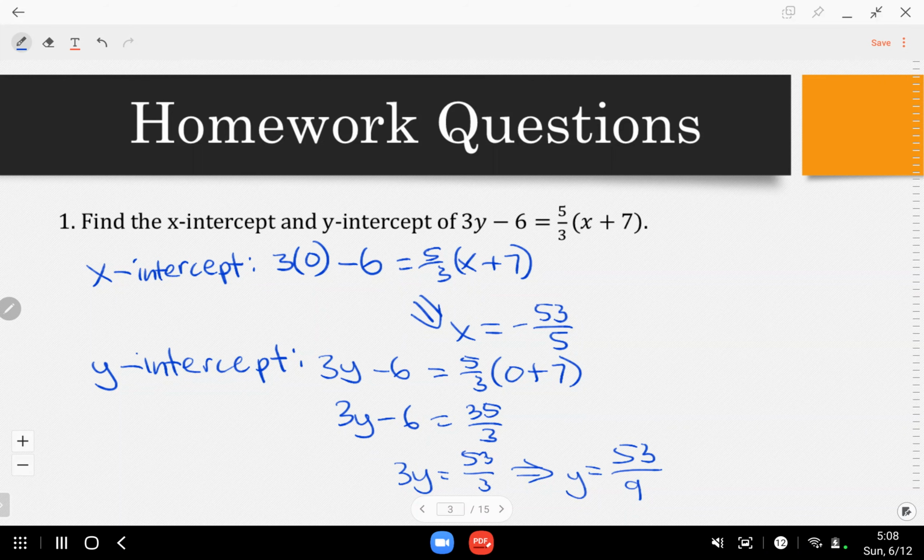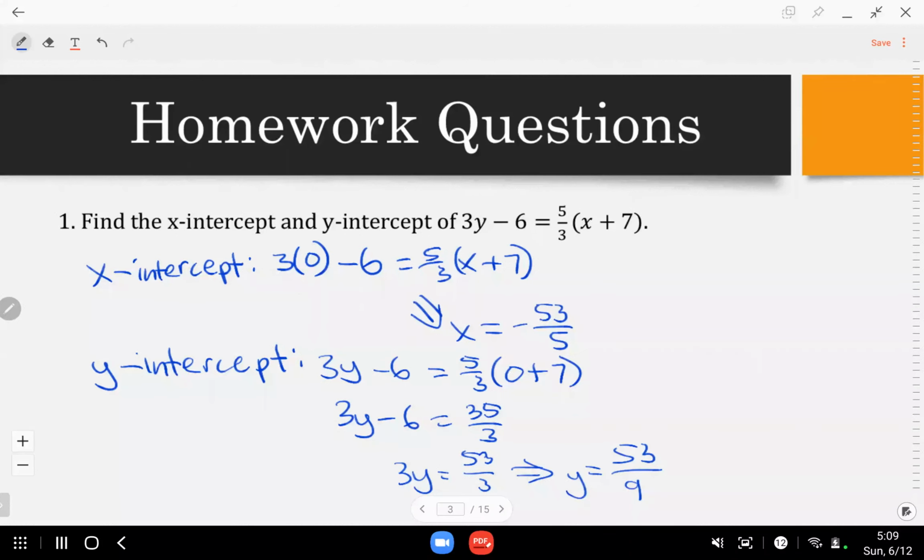Now, the thing is, x and y intercepts are very important because you can use them to graph. Even though we do not know how to graph this formula for the line, which is written sort of in point slope form, which we have not learned yet, we know the x and y intercepts.